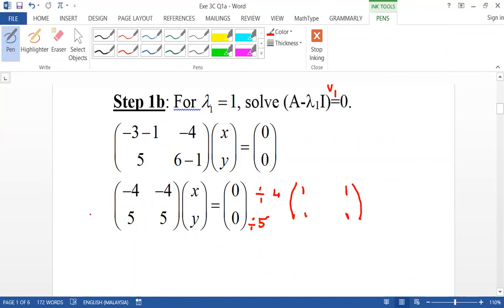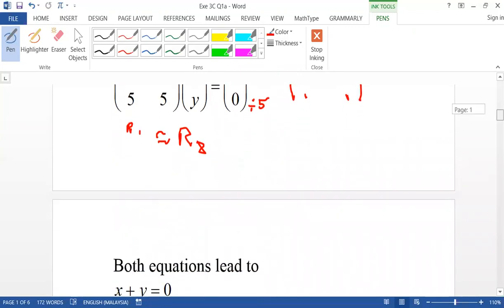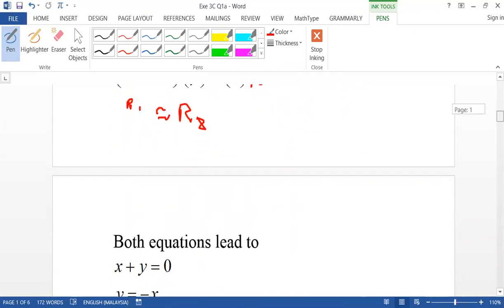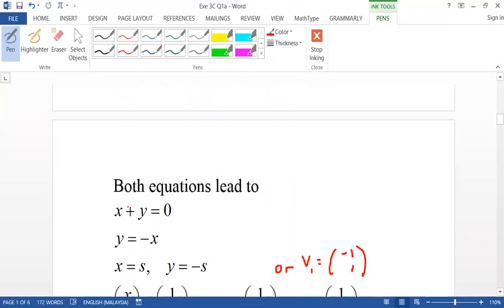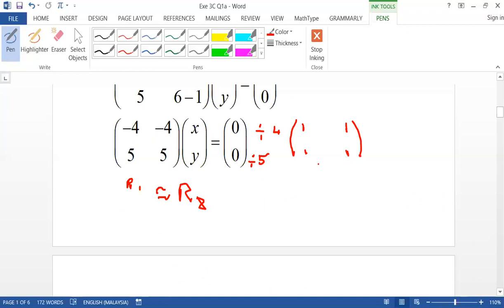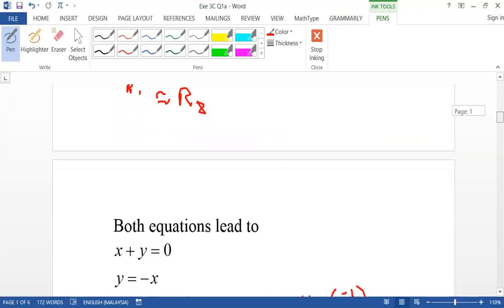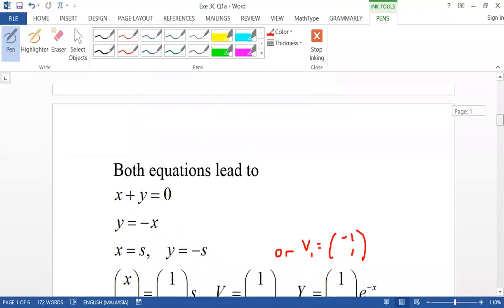So these two rows are equivalent, because sometimes in the solution I write row 1 equivalent to row 2. Either way, you simplify it to x plus y equal to 0, taking either the first row or second row.